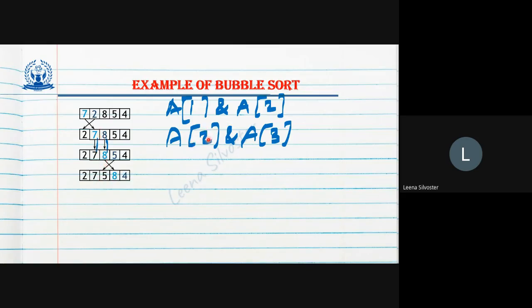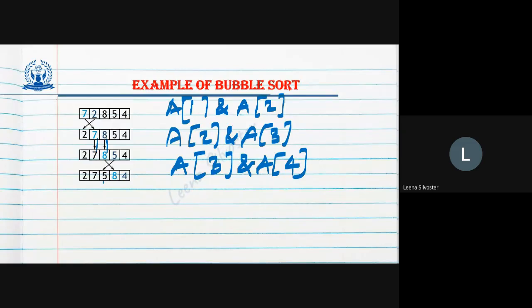Next, we compare A3 and A4, which means we compare this 8 and 5. Is it in the correct order? No. So we have to swap it. So 5 comes in the third position and 8 comes in the fourth position.